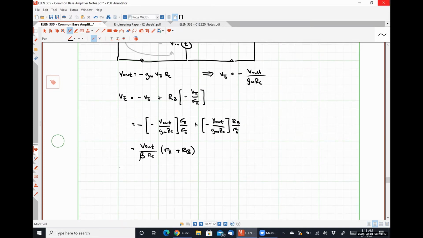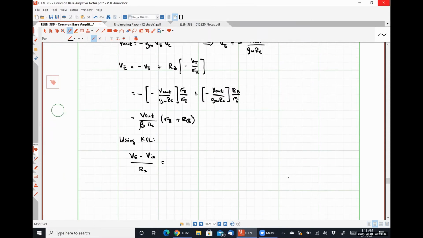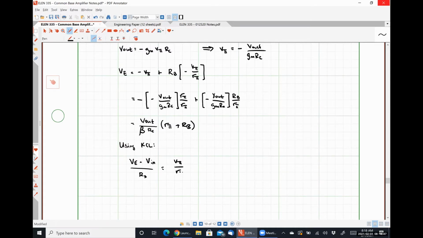Now, if I use Kirchhoff's current law, I can see that the current flowing through my source resistance is VE minus VN over RS, and this has to be equal to the current. So I'm saying this current is equal to this current plus this current. So I'm going to have V pi over R pi plus GM V pi.